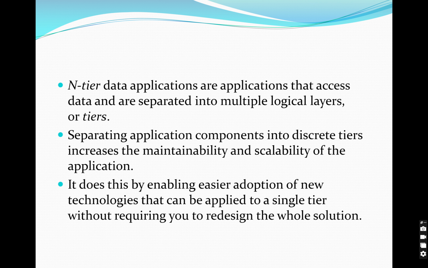N-tier data applications are applications that access data and are separated into multiple logical layers or tiers. Separating application components into discrete tiers increases the maintainability and scalability of the application. It does this by enabling easier adoption of new technologies that can be applied to a single tier without requiring you to redesign the whole solution.